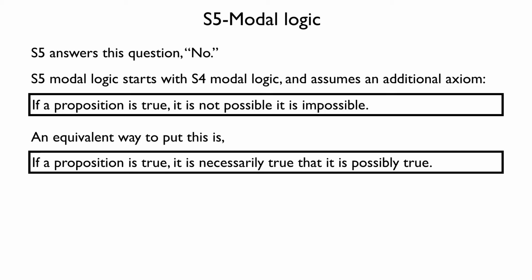S5 modal logic starts with S4 modal logic, so that every axiom of S4 modal logic is also an axiom of S5 modal logic, and then it assumes an additional axiom. If a proposition is true, then it is not possible that proposition is impossible. So in the case of horses, since it's true horses exist, it is not possible that it is impossible horses exist.